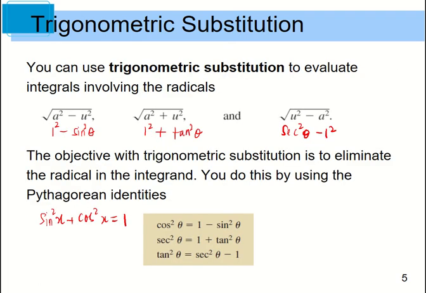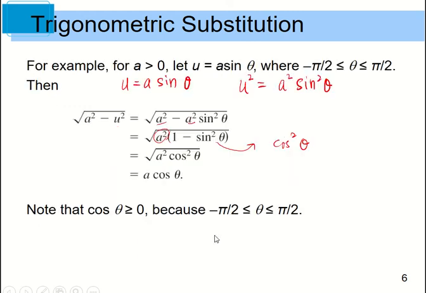According to the identity, 1 minus sine square theta is cos square theta. Because both a and cos are squared, they combine with the square root, so we can take away the radical and the square together. So we will have a cos theta.